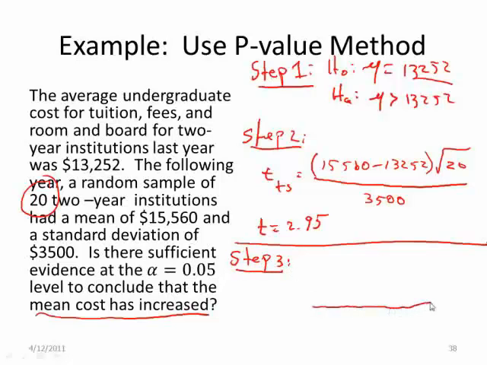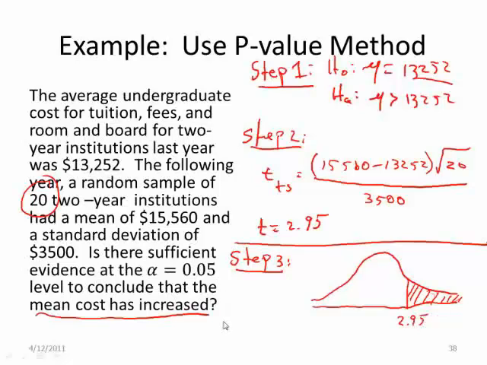So step 3 is to compute the p-value of our test statistic. So t is 2.95, and this is an upper-tailed test, so we know we're going to have to shade the upper-tailed region here at 2.95.